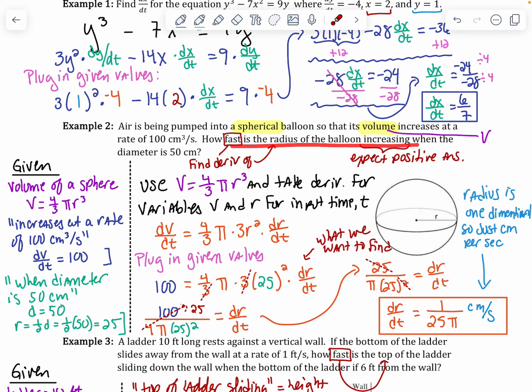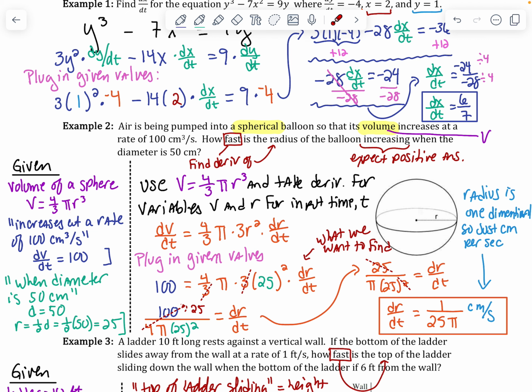Also, when it asks how fast it is increasing, it specifically says when the diameter is 50 centimeters. But remember our formula has radius, and we know that the diameter is 2 radii, but I need to find just a single radius.